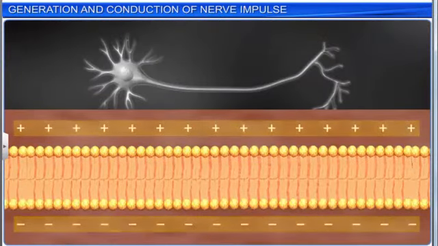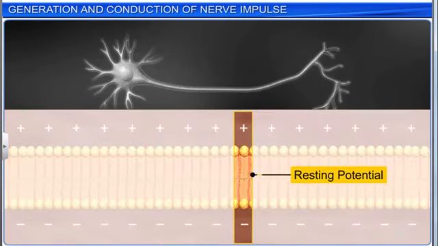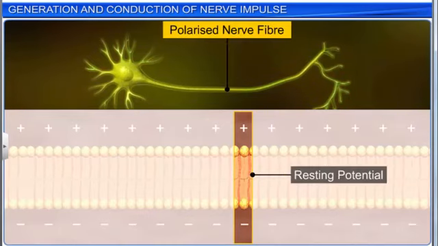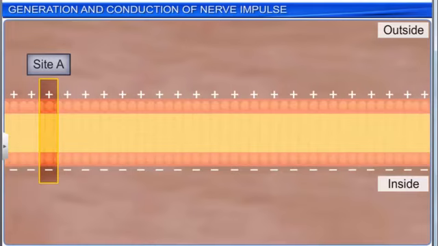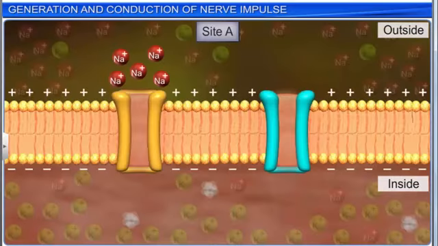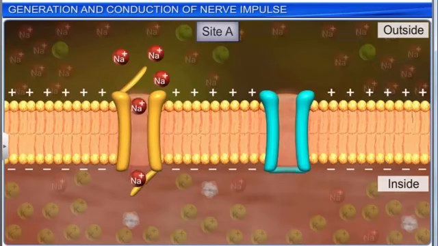This electrical potential difference across the membrane in an unexcited nerve fiber is called resting potential, and the neuron is called a polarized nerve fiber. When a stimulus is applied to a site, say A, on the polarized membrane, the sodium ion channels open and the membrane at the site becomes freely permeable to sodium ions.